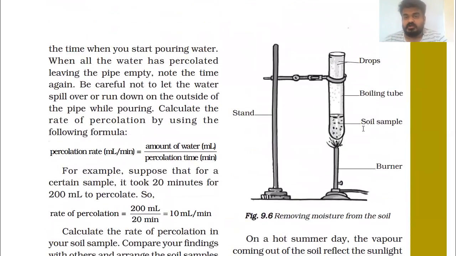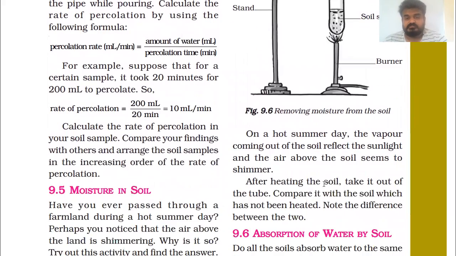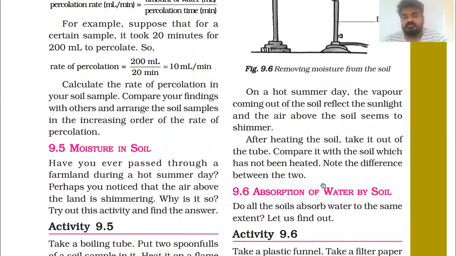So whatever drops we can see here at the wall of the boiling tube are moisture particles only. They are evaporated whenever we apply some heat with the help of this burner to the soil sample. On a hot summer day, the vapor coming out of the soil reflects the sunlight, and the air above the soil seems to shimmer.